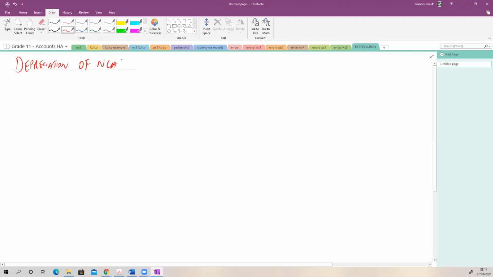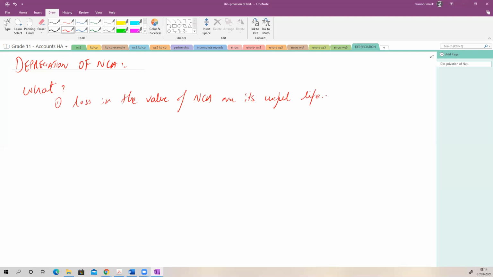All right. So what is depreciation? It is the loss in the value of non-current assets over its useful life. ठीक है. Very simple.